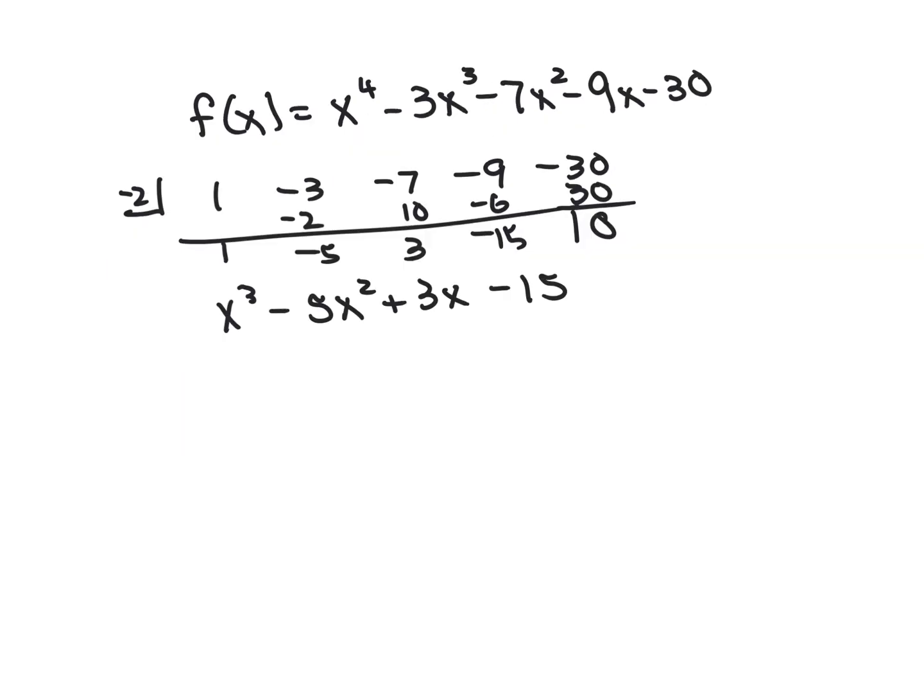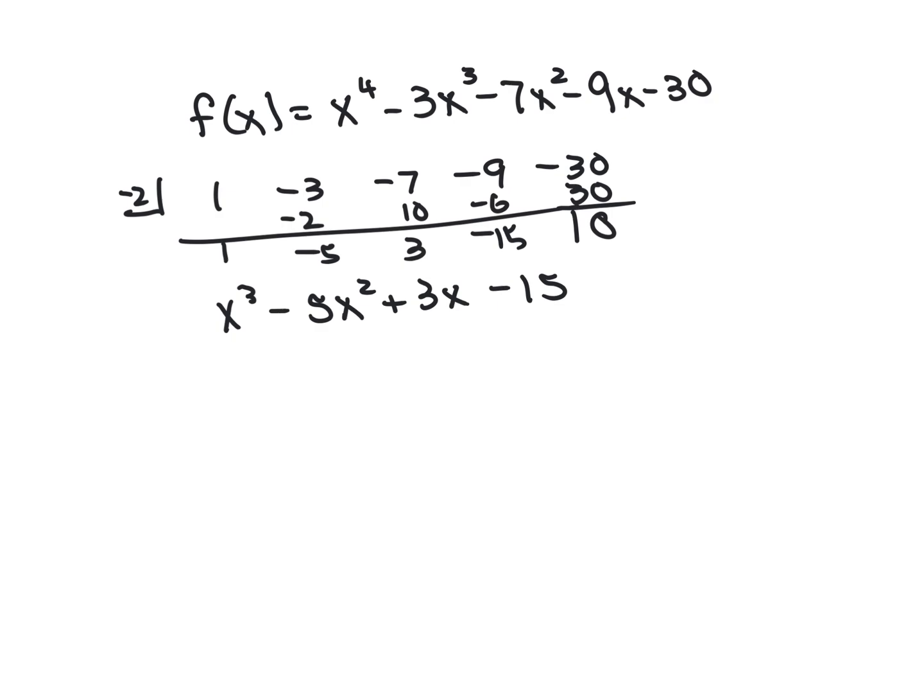What I'm going to have to do is take my original problem, and because negative 2 is an intercept, a solution, I'm going to perform synthetic division with negative 2. When I do that, I'm going to list the coefficients. I have 1, negative 3, negative 7, negative 9, negative 30.